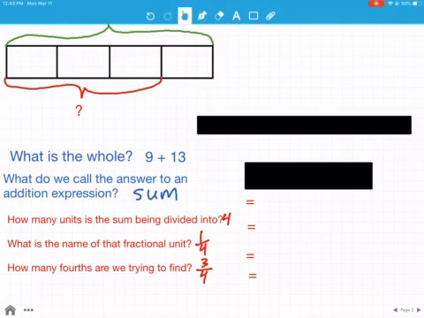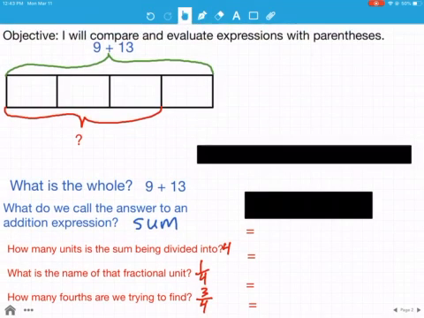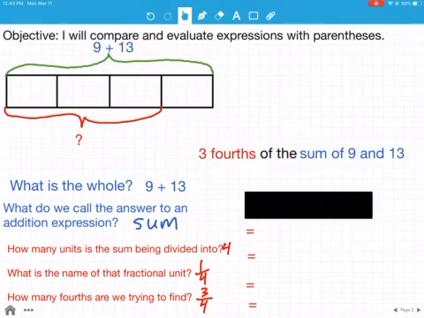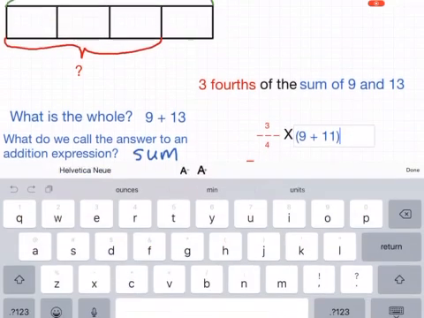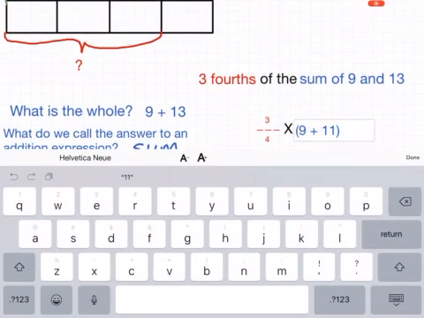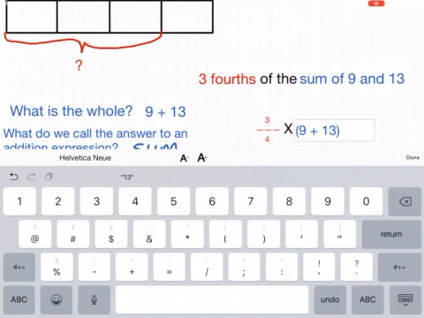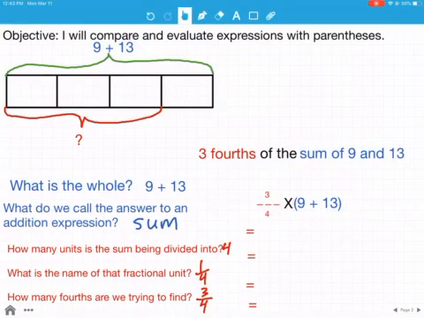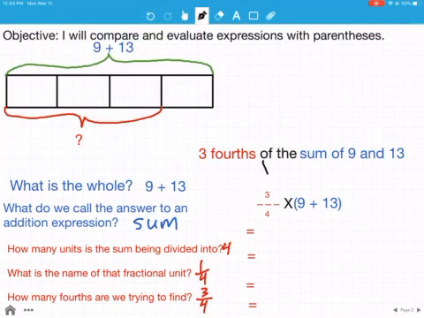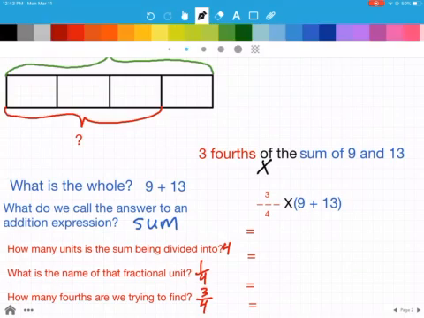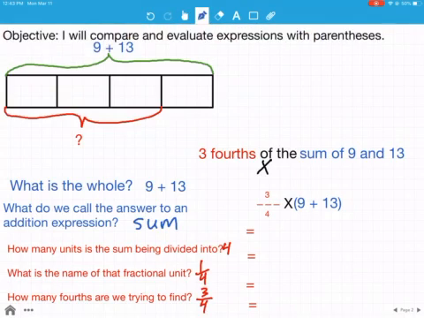Alright, so our problem becomes 3/4 of the sum of 9 and 13. And the way that we write it, this is actually going to be wrong, so give me a second to correct it. It will be 3/4 times (9 plus 13). Now, the parentheses are there because the sum has to be done together.